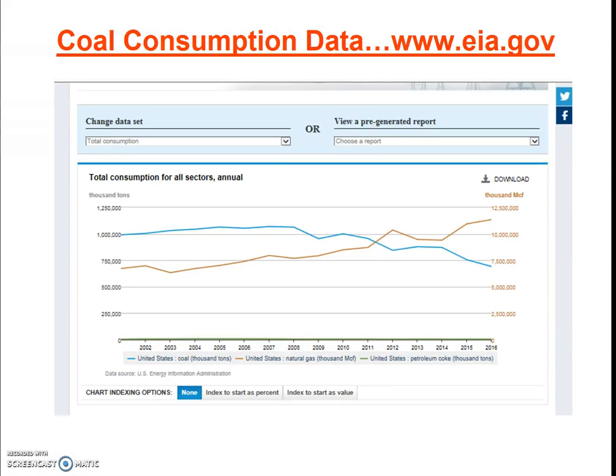Part of the reason is we are beginning to understand that coal is artificially cheap, and we are being burdened and really impacted by environmental costs and health costs that have typically been externalized to the public. But also, very importantly, due to new technology for natural gas extraction, fracking, natural gas has simply outcompeted coal. Check out the brown line. As coal consumption has gone down, natural gas consumption has gone up.